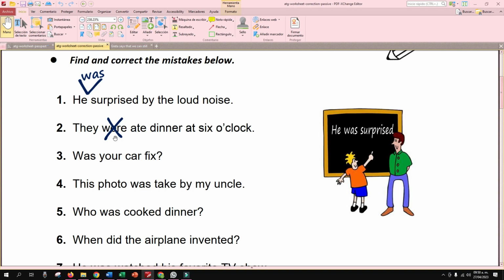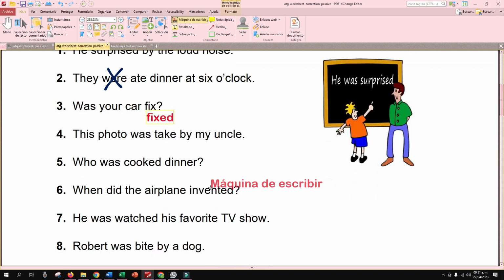In that case, for example, was your car fixed? Do you think it is correct? Your car fixed. Is that a passive or an active voice question? Fixed. That would be in past. Yeah, fixed. So was your car fixed? Excellent. That would be.